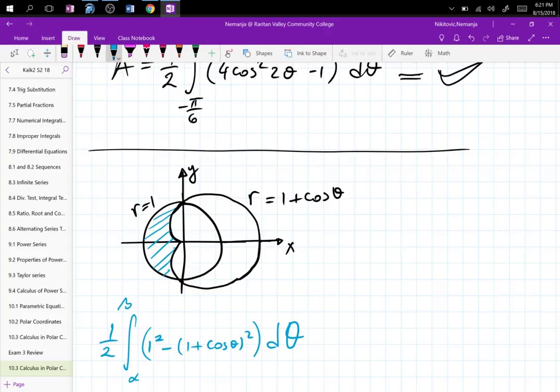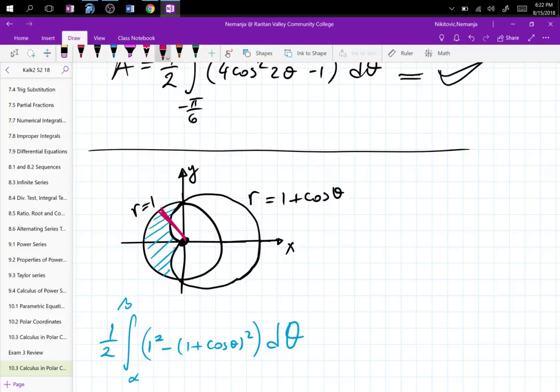So circle is far, cardioid is close. You guys are looking always at the origin, right? That's at 0, 0. And when you draw a representative pizza slice, let's go right there, you see that it cuts through the cardioid first and then stretches to the circle. So far minus close is circle minus cardioid.